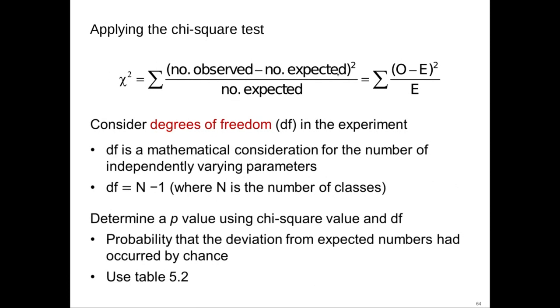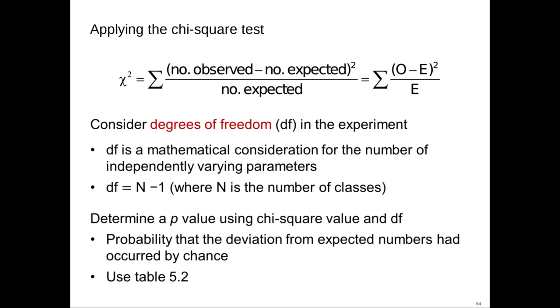We square that, divided by the number expected, or simply written as the sum of O minus E squared divided by E.